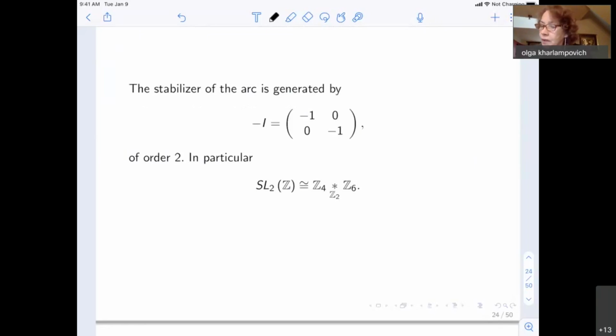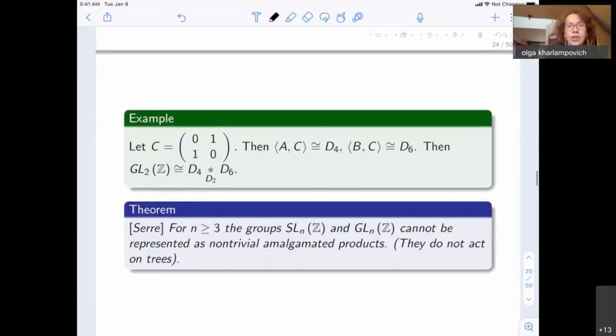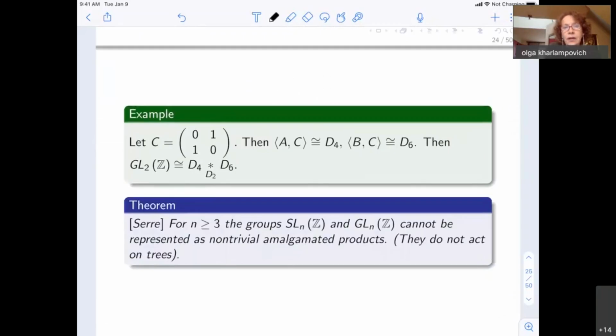Also we can get the presentation of GL2Z. If you consider this matrix C, then the previous matrices A and C generate the dihedral group D4, and B and C generate D6, and we get GL2Z as the amalgamated product of D4 and D6 over D2.